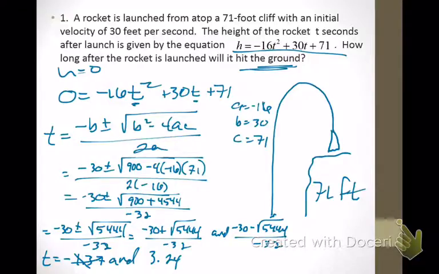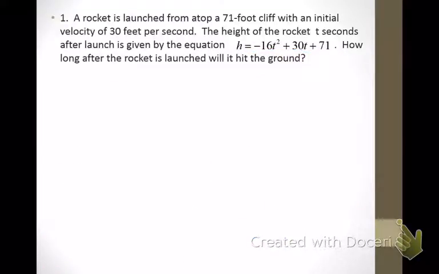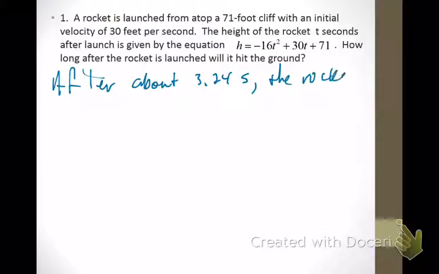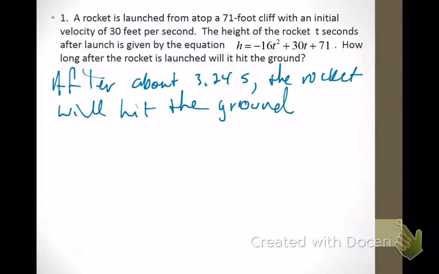We need to come up with a nice sentence answer here that says that after about 3.24 seconds, the rocket will hit the ground. Okay, make sure you always include that sentence answer.